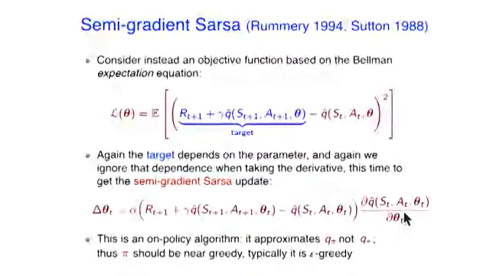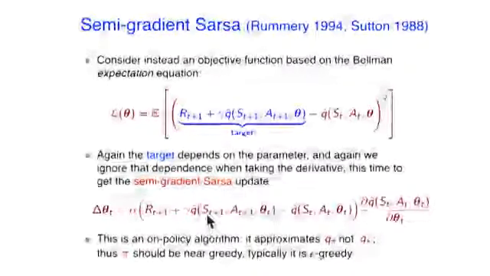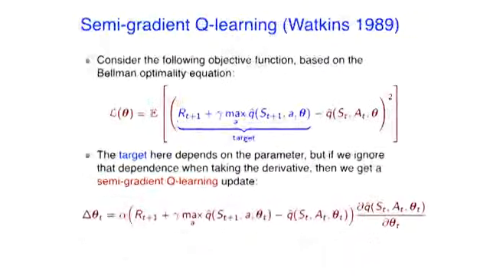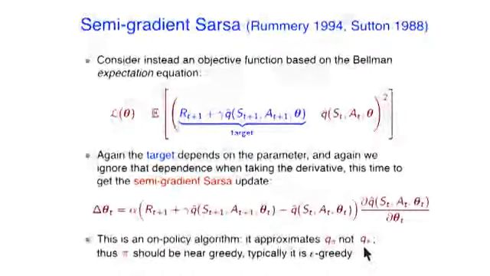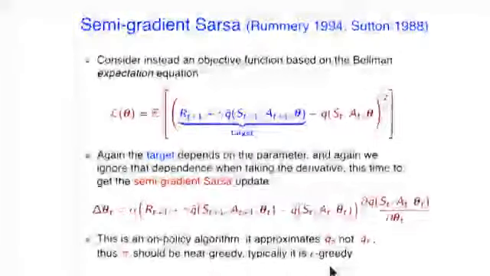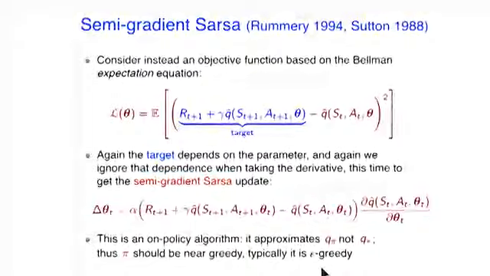Okay, so this gives us our algorithm, and it's the same as before, except instead, let me just flash that one back. Here we were taking the max, and now we're just taking whatever action we do at time t plus 1. Okay, that makes it an on-policy algorithm, and it's going to approximate q pi. It's not going to approximate q star. Because of this, we should arrange for pi to be near greedy. So that way, we'll be approximating something that's close to the optimal policy. Near greedy. So the word we're going to use is epsilon greedy.